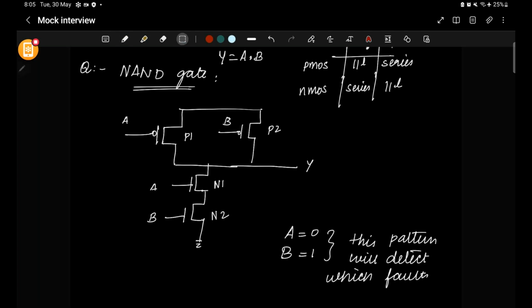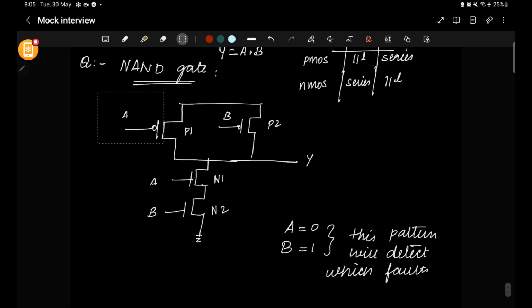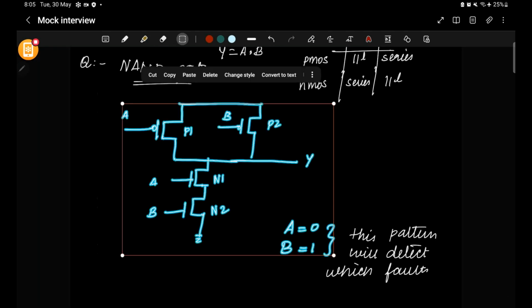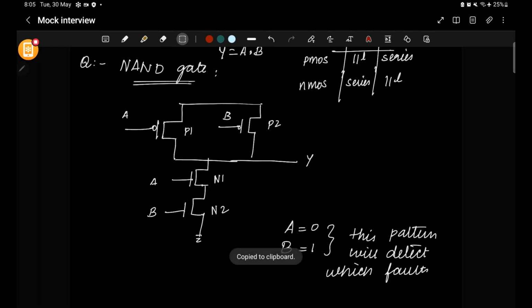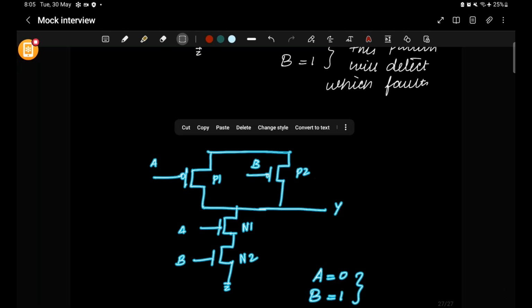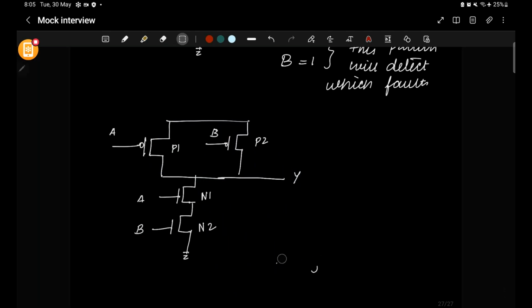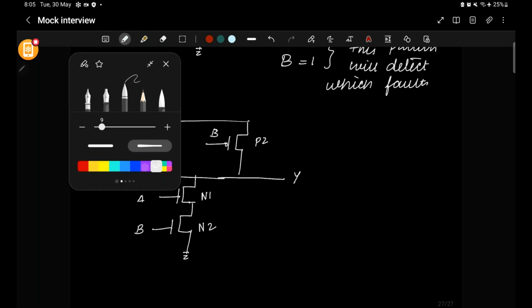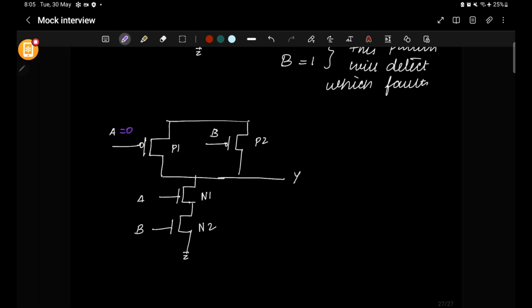So here I'll just tell you. Here if you see, let me just draw it once. Okay, I'll just copy it. Okay, so now A is equal to 0 and B is equal to 1 we are applying, right? A is equal to 0, B is equal to 1.